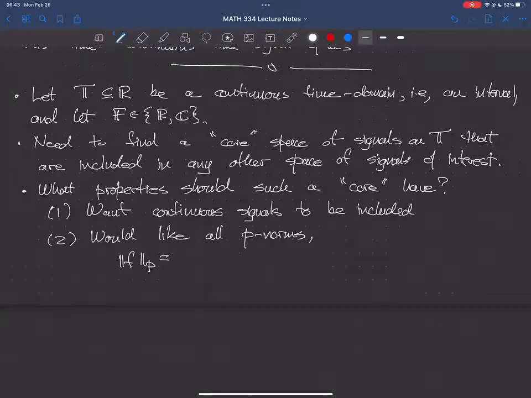Here we're just going to extend that to signals defined on some arbitrary continuous time domain T, and the norm is the obvious adaptation of the norm on the interval 0, 1, like so.